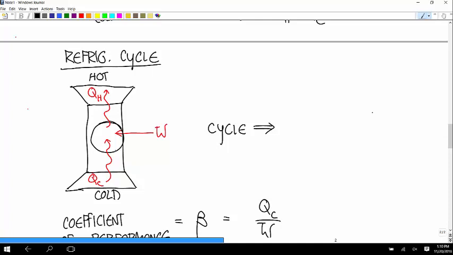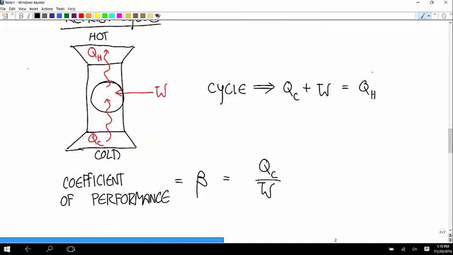So this time the energy in is QC plus W, and that's equal to the energy out. And again, I'll isolate the work, and so you get the work is equal to QH minus QC.